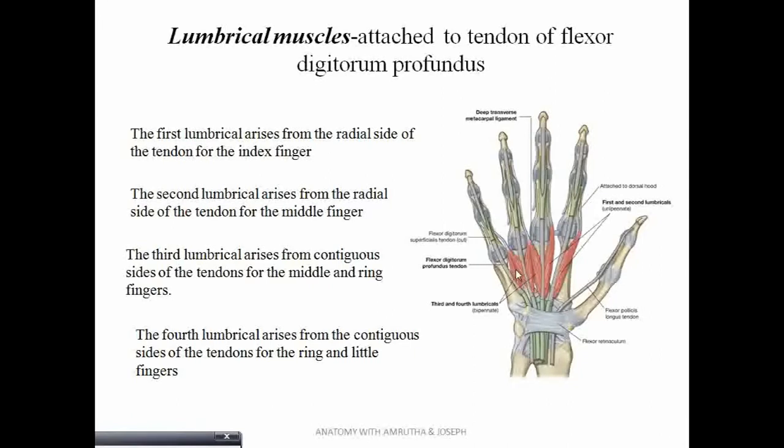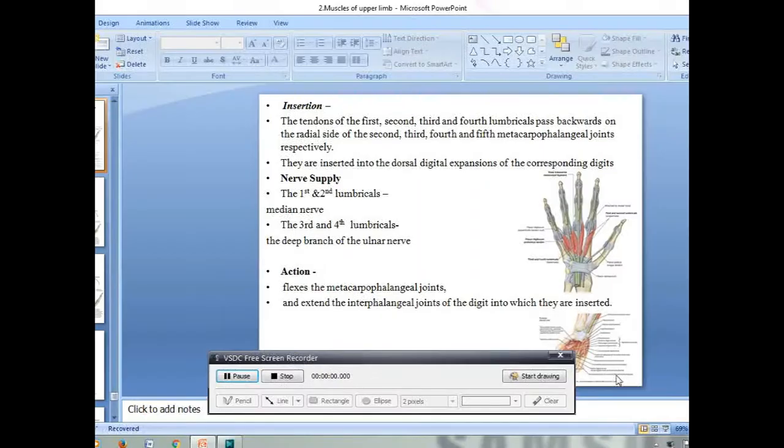Whereas the last lumbrical arises from the contiguous sides of tendons of ring and little finger. So these are the origins of lumbrical muscles. Now first and second lumbrical are unipinnate muscles, whereas third and fourth are bipinnate muscles.